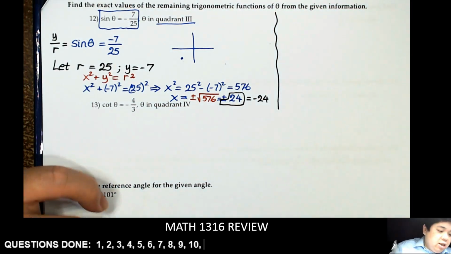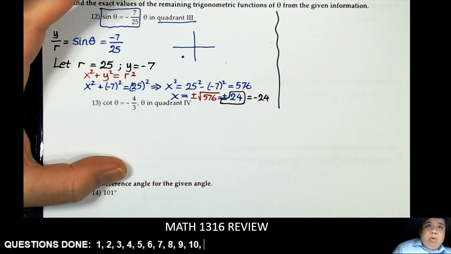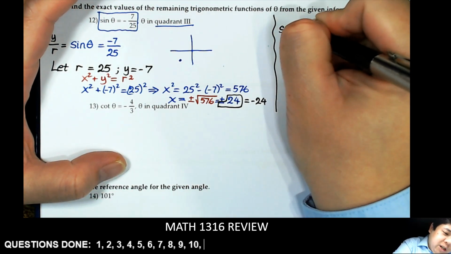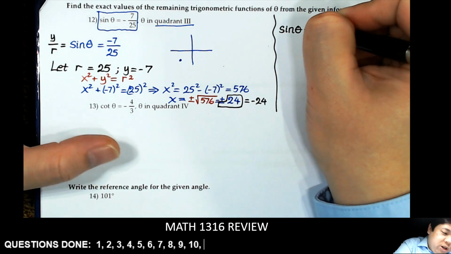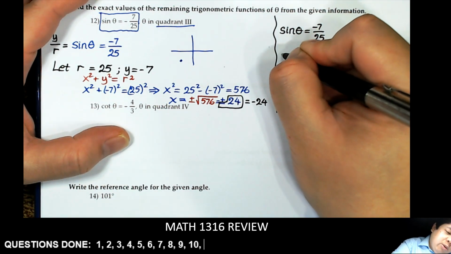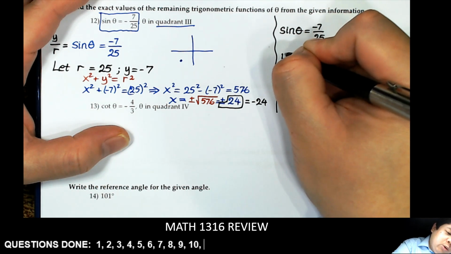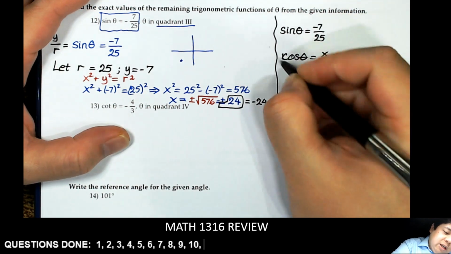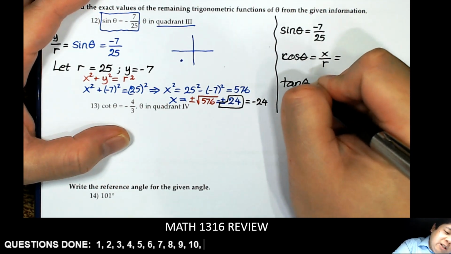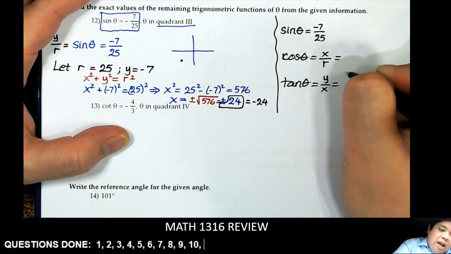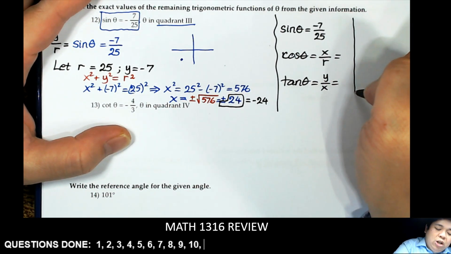Once we have x, y, and r, we know the rest. I'm just going to write the first few. Sine is equal to negative 7 over 25, that's given. Then we go to cosine, which is x over r, and then tangent is y over x, and we just fill out these ratios.